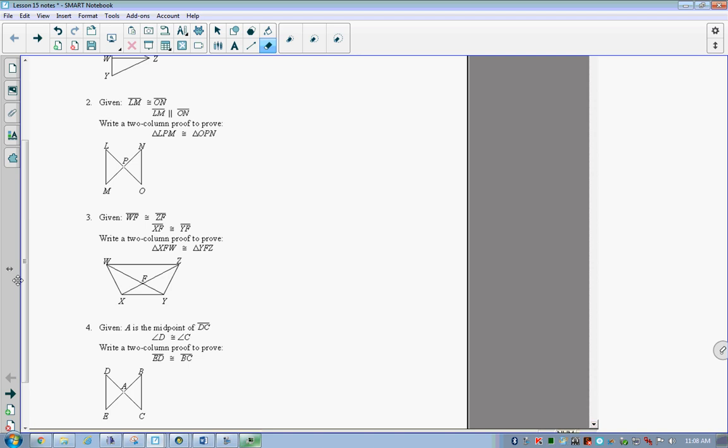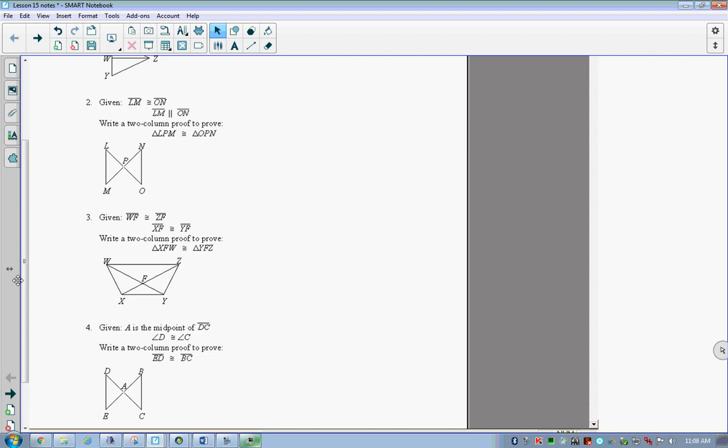All right. Let's see. We've got 4, 5, 6, and 7. I think that you probably want to look at 5 and 6. I know we could do 4, but 4 is going to follow some similarities to number 2. As you can see, it's a similar picture. It's not the same proof. They give me different sets of information, so I don't solve it exactly the same way.